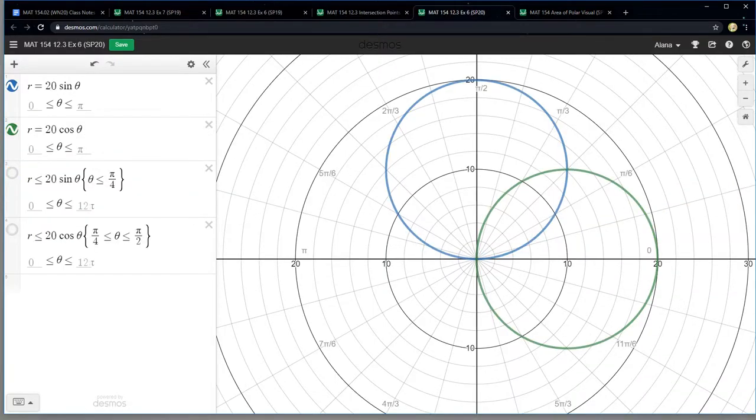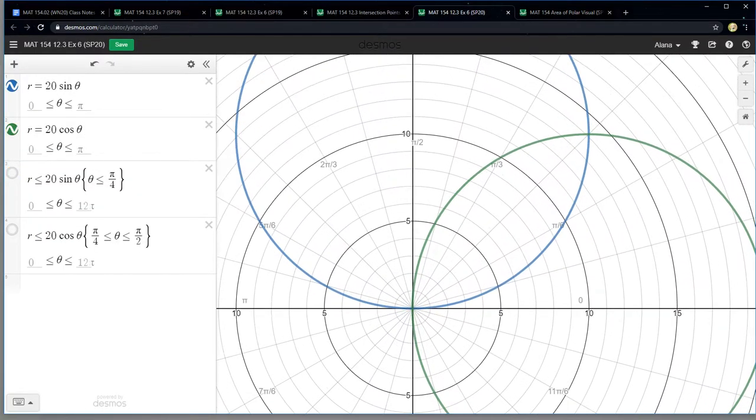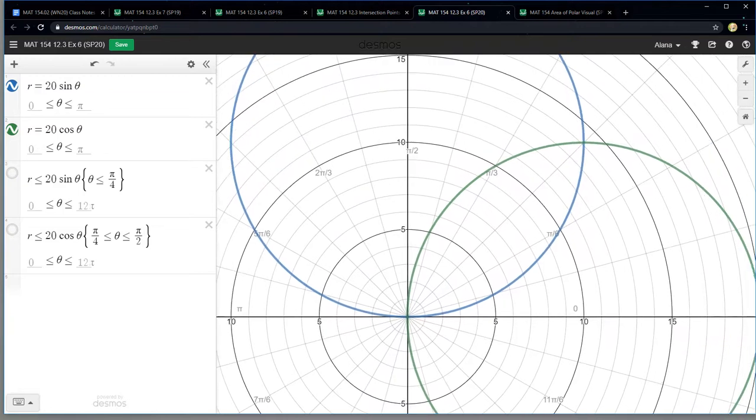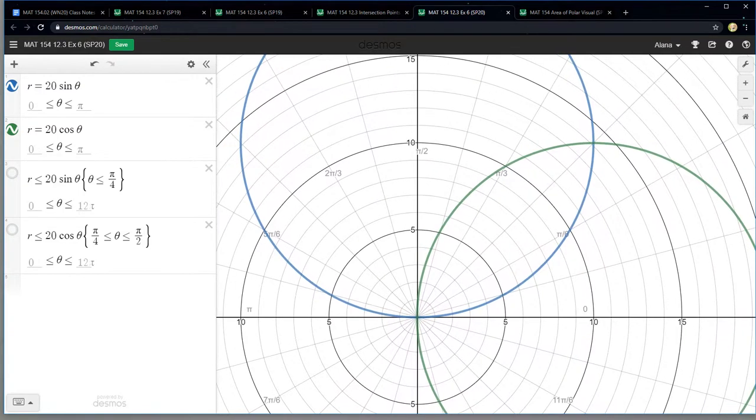Okay, so for this portion of the curve, all the way from 0 to pi over 4, it's going to generate that area back. So it's just going to be from there to there. That's going to go from 0 to pi over 4, and that'll get you that portion. And you can see it's not subtracting anything.